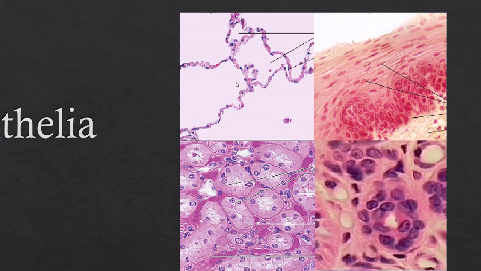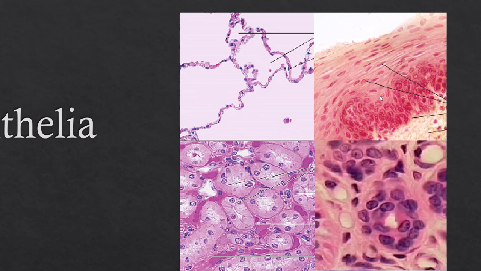We also tend to find it where filtration takes place, like this image here, which is from the lungs. So since it's a single layer of flat cells, things can move very easily from one compartment to the next because there isn't a whole lot separating them. We tend to find this around what we call our glomerulus in our kidney as well, where we filter our blood in the process of making urine.